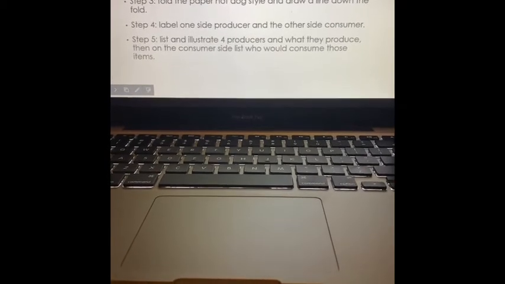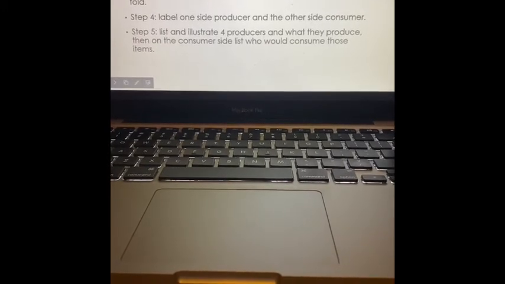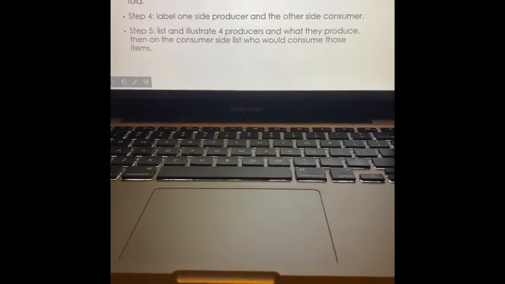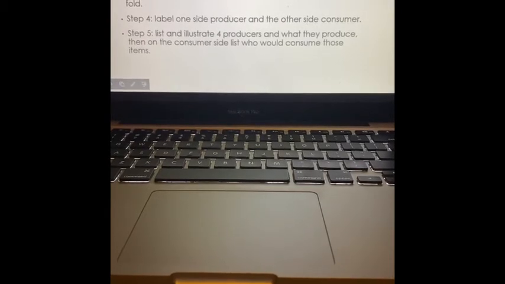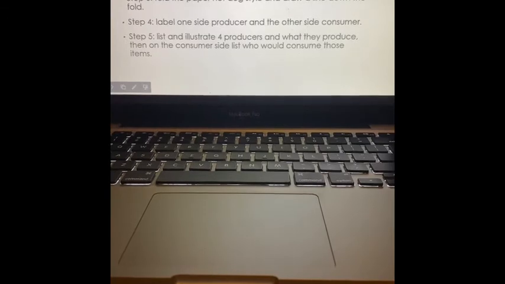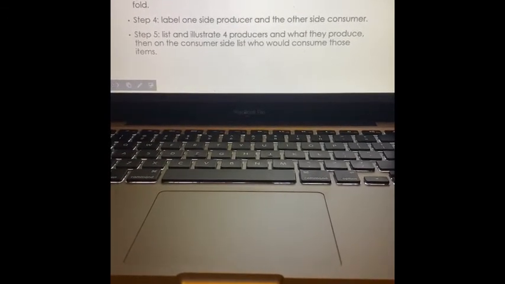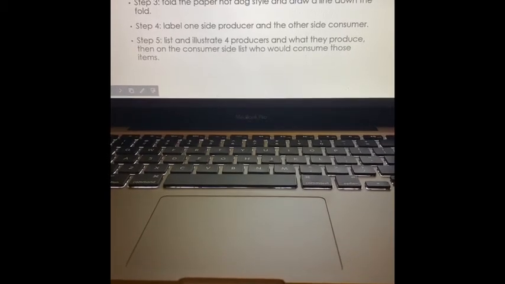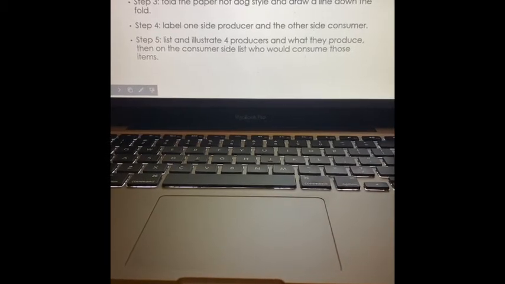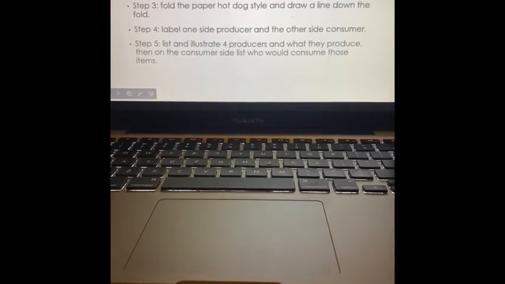So what they're gonna do after that is list 4 different producers, whether that's farming, whether that's a grocery store, whether that's stores in the mall, it doesn't matter. And then after they list them, they're going to draw a picture so they can actually visualize what producers look like.